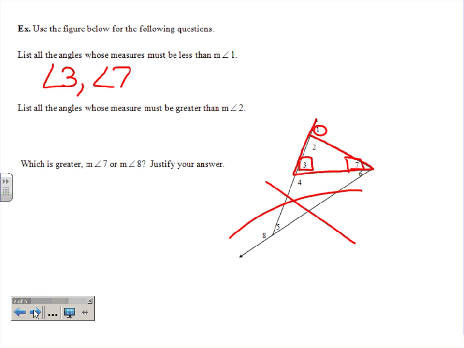Do you believe in this picture there are any more that we would know for sure? Yes. 6 and 5, I've been told. Now, how did you come to that conclusion? Well, 1 and 4 might not be the same. They could be. But if you look at it this way, is 1 an exterior angle of that much bigger green triangle?